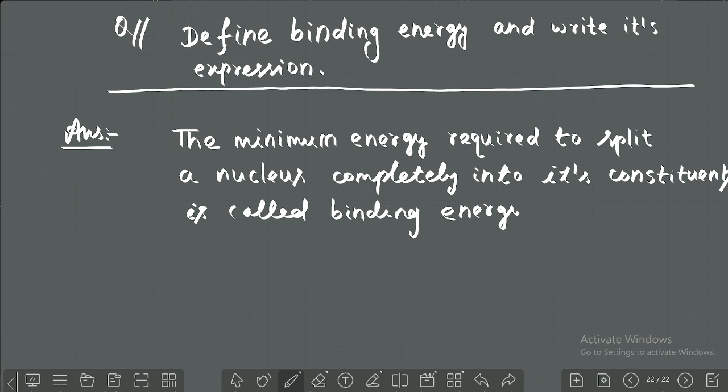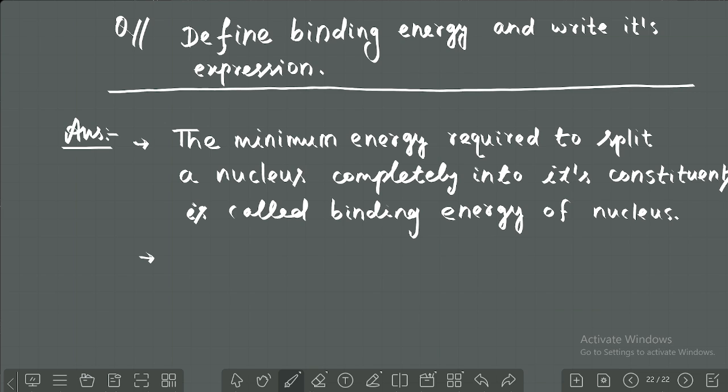So how much minimum energy do you need to split a nucleus completely into its constituents? That minimum energy is called the binding energy of the nucleus. Definition, remember everyone? Now the expression we will write. So this is one point.